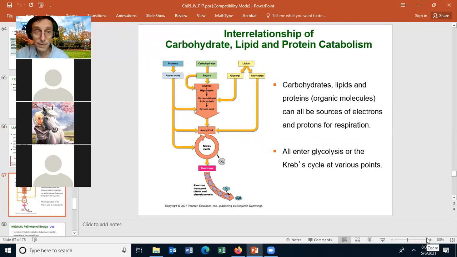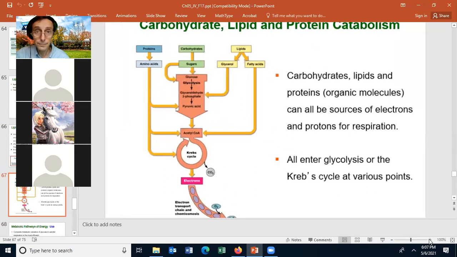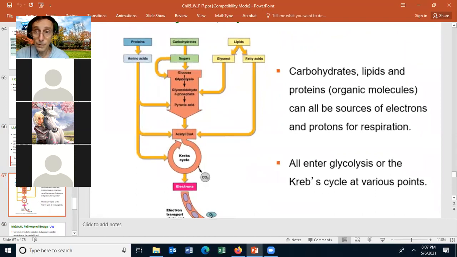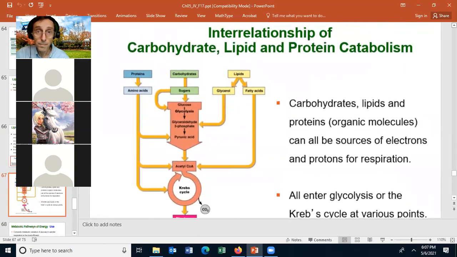Let me see if I can blow this up, showing you the lipid and protein catabolism and the interrelationship with carbohydrate metabolism.